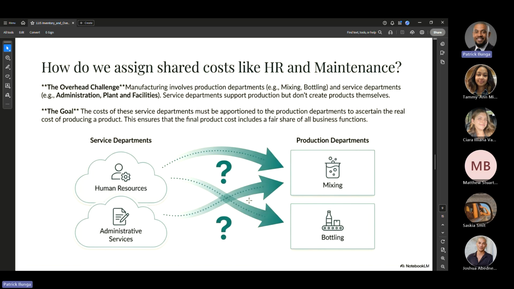For example, for this company, we have 2 departments for production. We have the mixing and the bottling. Do you see it? Mixing and bottling. But the service departments that help all departments are human resources and administrative services. Does this make sense? Come on, guys.